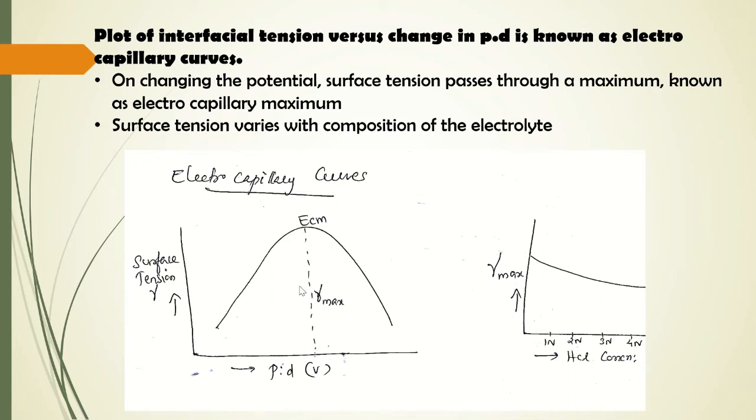On changing the potential difference, the surface tension passes through a maximum. As you change the potential difference, the surface tension also increases, and after it reaches a maximum, that is the electrocapillary maximum, ECM, it then decreases. The surface tension corresponding to that ECM is known as gamma max.